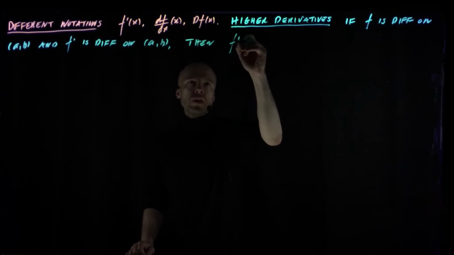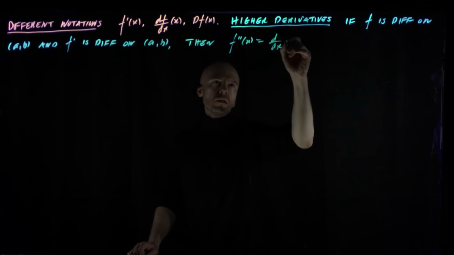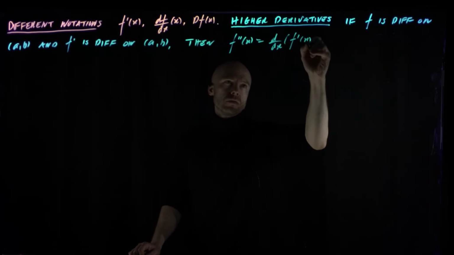Then we write f double prime of x, and that's the derivative of the derivative. Okay?